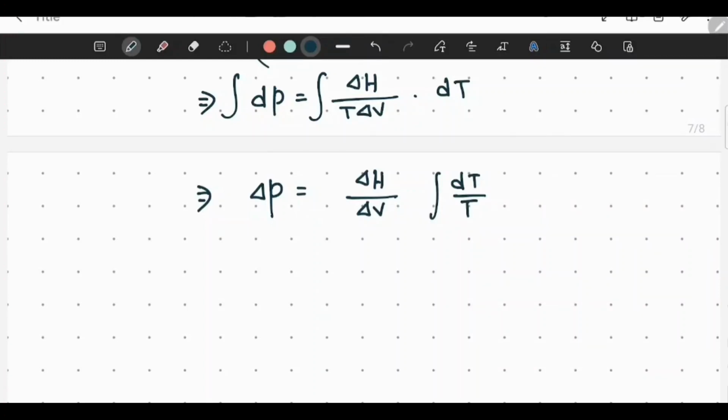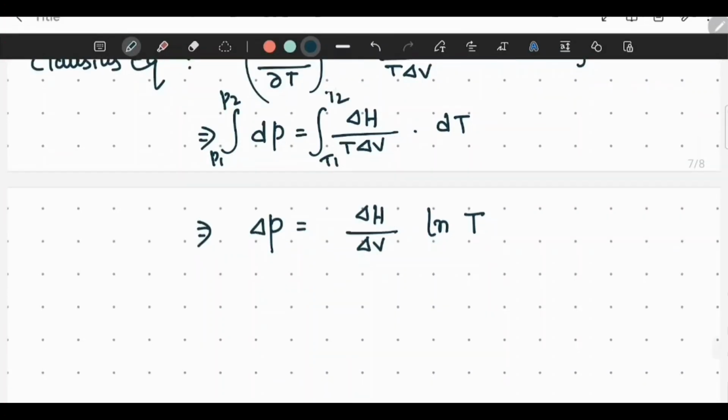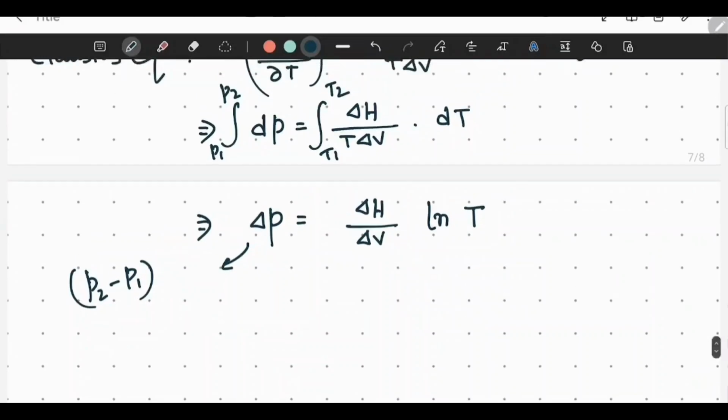Okay, ln T. Now if you put limit, del P is, let's say, P1 to P2, so del P is eventually P2 minus P1, and there will be limit for T1 to T2. So it will be ln T2 minus ln T1. So eventually you can write ln T2 by T1. So this will be our expression.